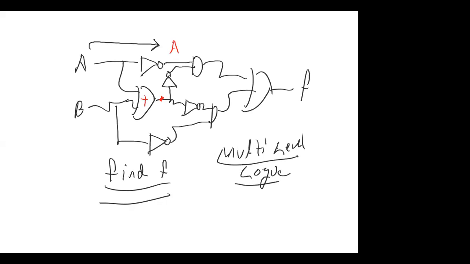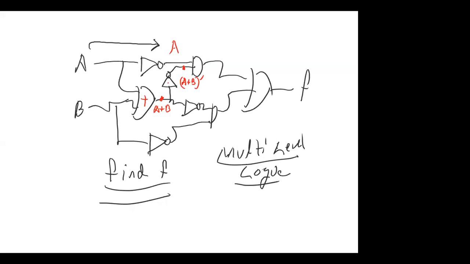Any ideas? A or B. A or B, that's it. And now what happens over here after A or B go through the inverter? A prime plus B prime. Well, it's A or B inverted.